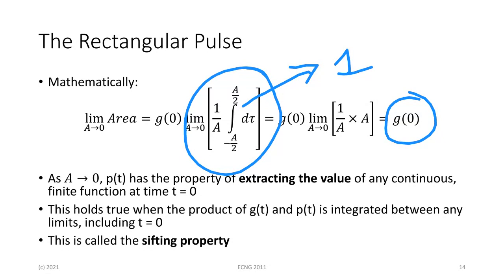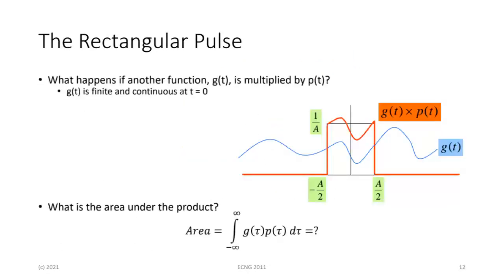Think about it. If you go back here, as I make this smaller and smaller, what is happening here? This pulse is getting narrower and narrower, and eventually, at the extreme, we get a thing right here.